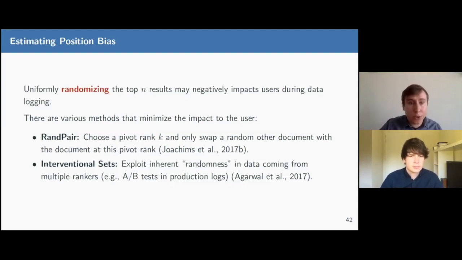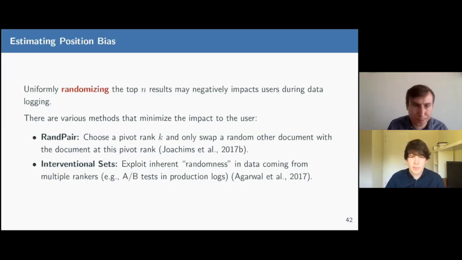This gives you the relative propensities, the relative examination probability between the two ranks that you've swapped. Using this, by the chain rule, you can figure out all the other relative observation probabilities. So you can get the same thing as randomly shuffling the whole top n results by just swapping pairs, which is obviously much less invasive.